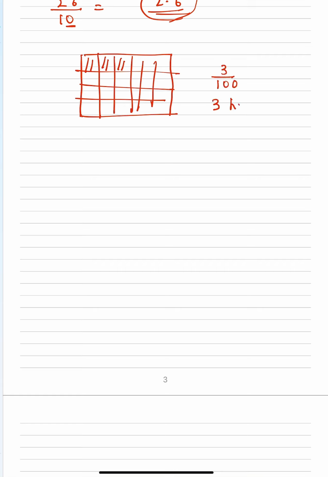This is 3 hundredths, and this is the fraction part. For the decimal part, before 2 digits we put a decimal point. 3 is one digit, and the second digit is not there, so I place 0 here, then a decimal point, and then 0: 0.03.